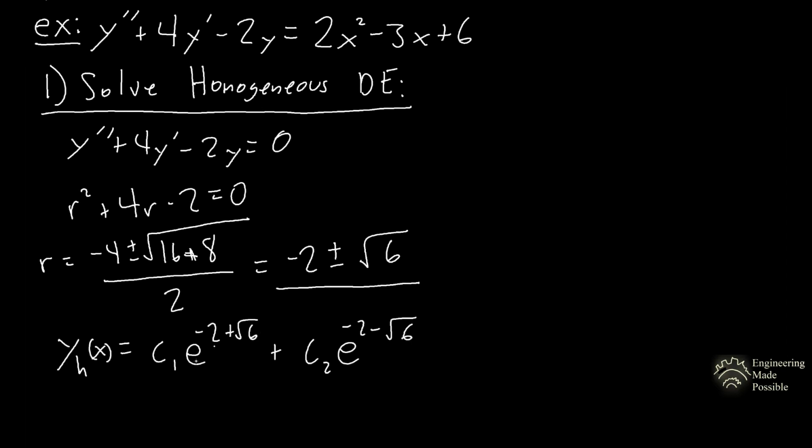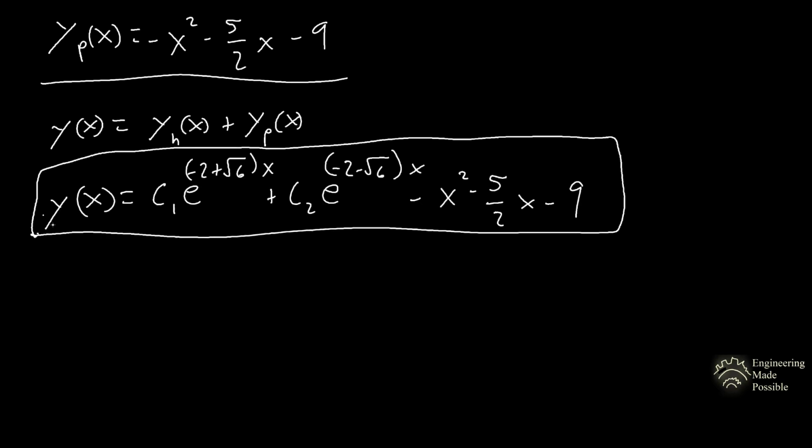So the homogeneous solution is the arbitrary constant c1 times e to the power of (-2 plus square root of 6) x plus c2 e to the power of (-2 minus square root 6) x. So this is the homogeneous solution. Just one quick thing to note, I actually forgot the x variable here when writing the homogeneous solution, just so I won't confuse you guys.